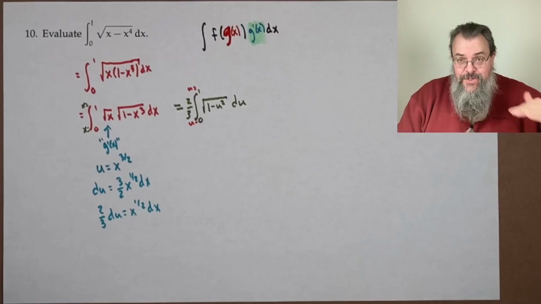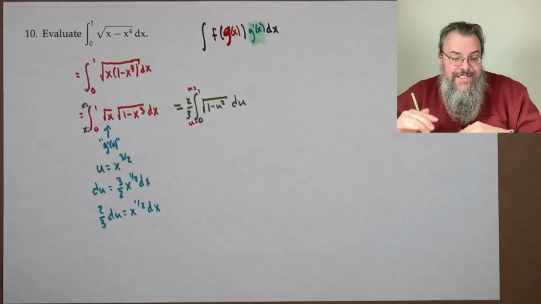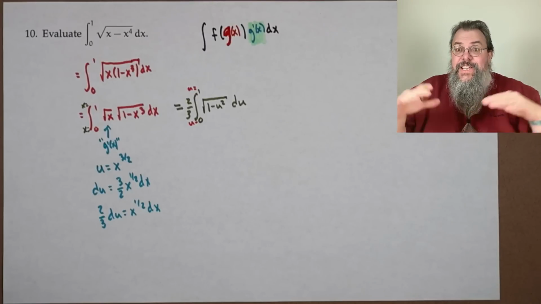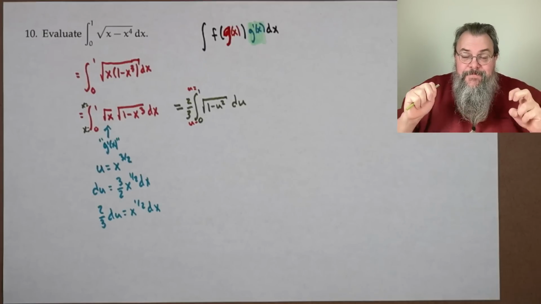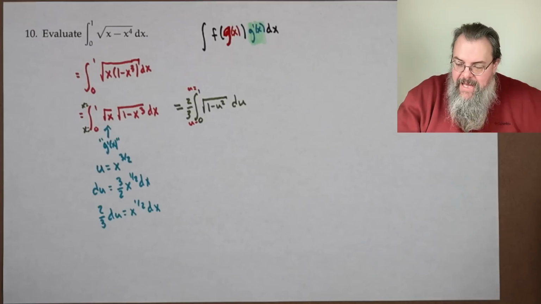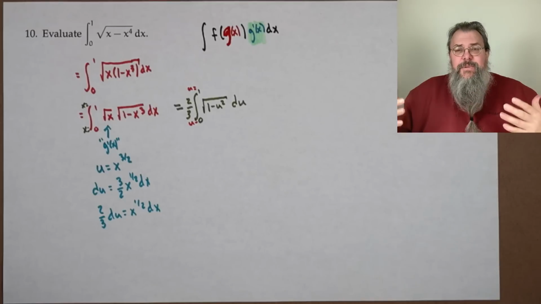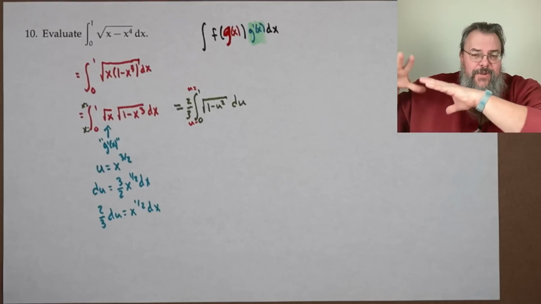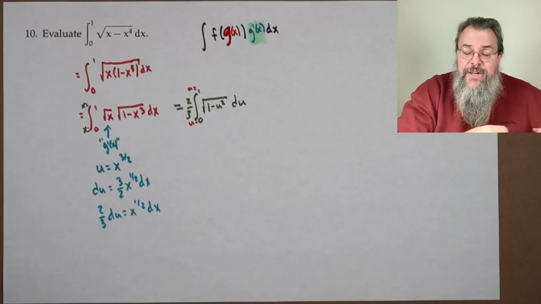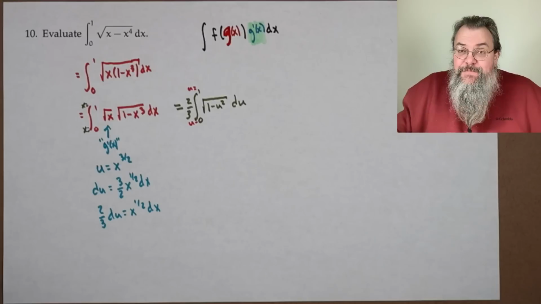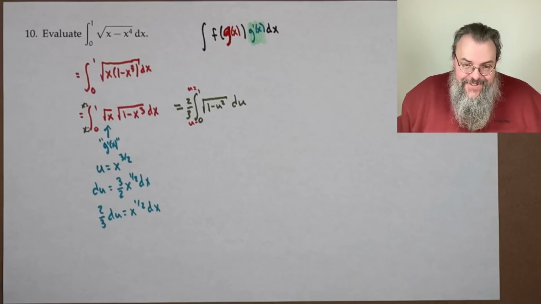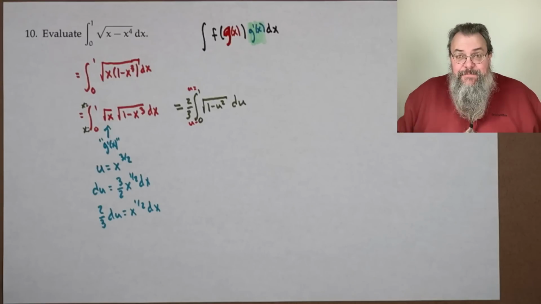Was this a good substitution? I claim yes, because it's simpler. The goal of math in general, and in calculus in particular, boils down to: can you keep making things simpler to the point where it's so simple, it's the answer? And this is a lot simpler.